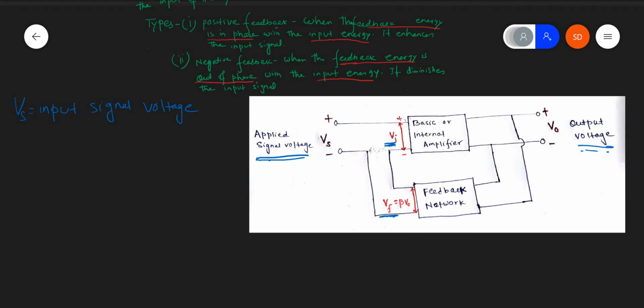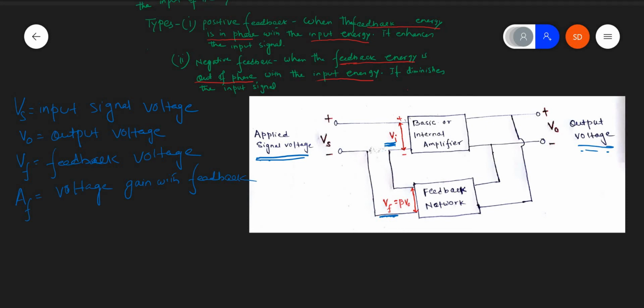V naught is the output voltage. Vf is the feedback voltage. AF is the voltage gain with feedback.